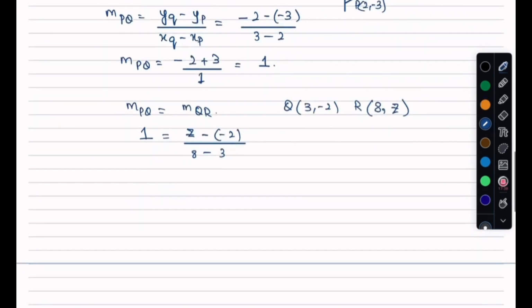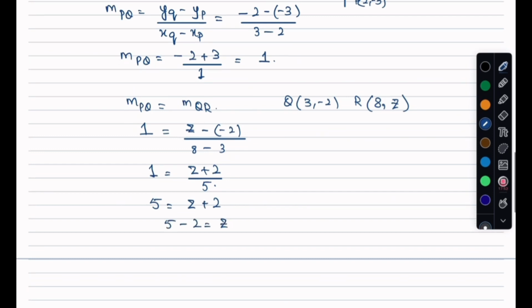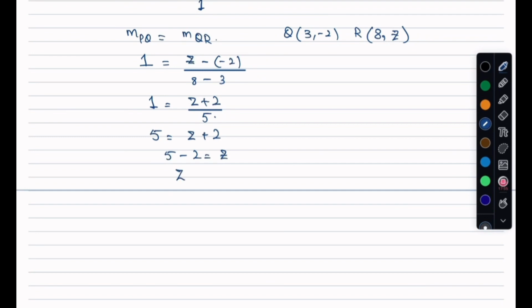Further solving it, 1 is equal to (Z plus 2) divided by 5, or 5 is equal to Z plus 2, or 5 minus 2 is equal to Z. So very easily I can say that the Z value has to be a positive 3 here. So this is how we will be finding out the Z coordinate.